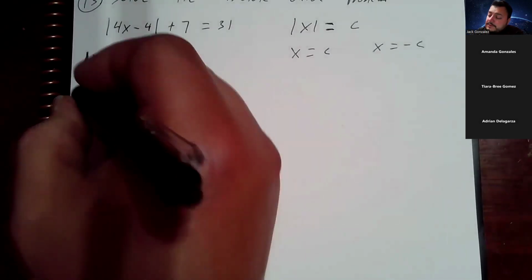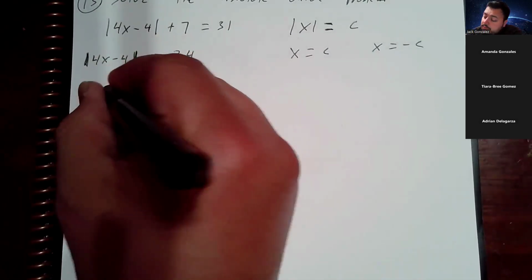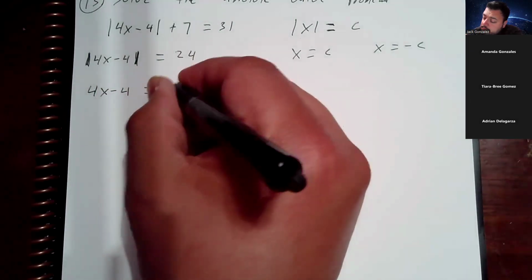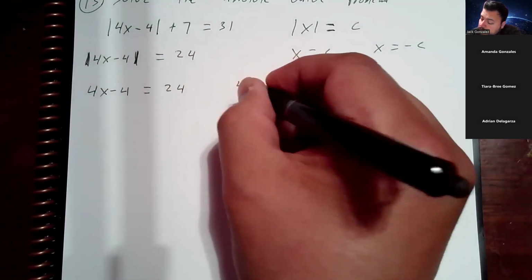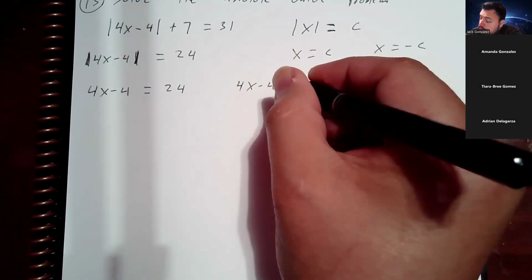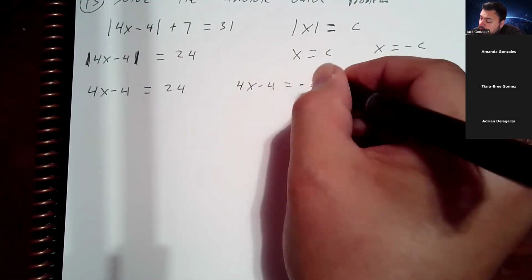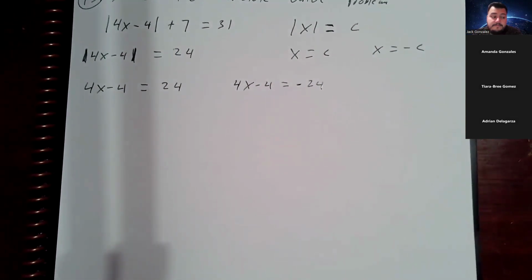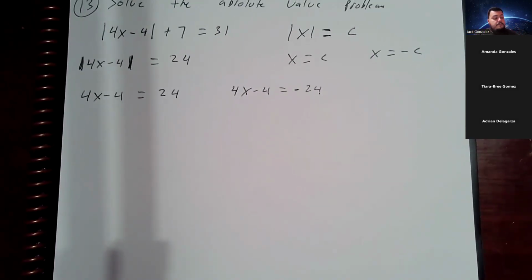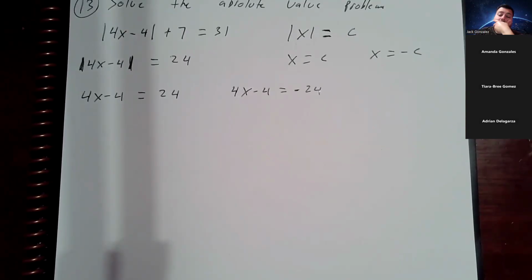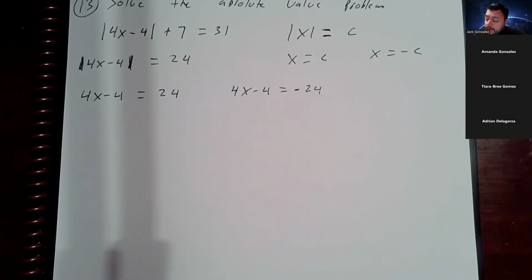So now remove the bars. If I remove them, solve these two separately, and that's it.